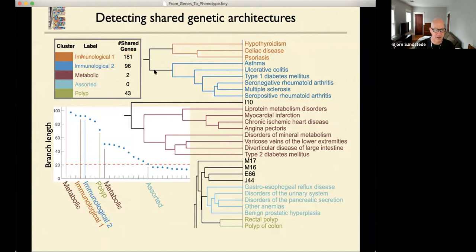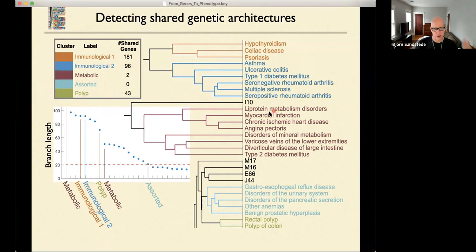The key is really this little table here that tells you how many genes are shared across the diseases in each of these groups. You see 181 in the first one, 96 in the second one, 2 in the metabolic one, and really there's 0 in the assorted one. They share genes across pairs, but not across all of the members of that group. And then again with the branch length.